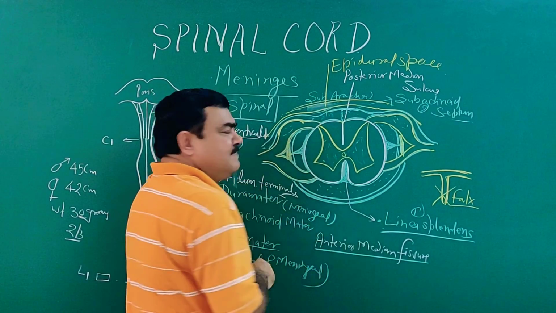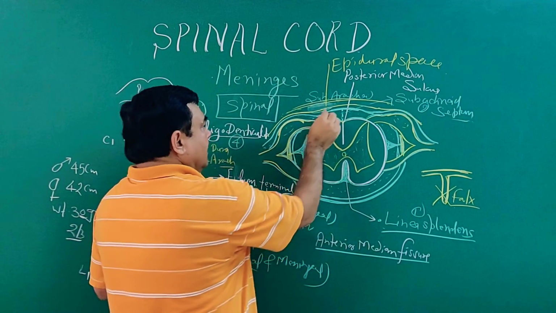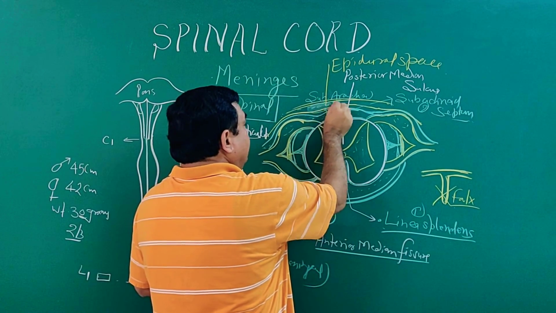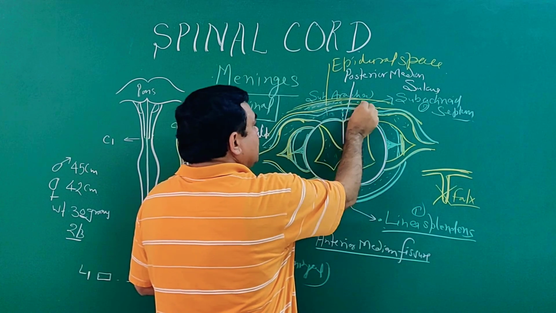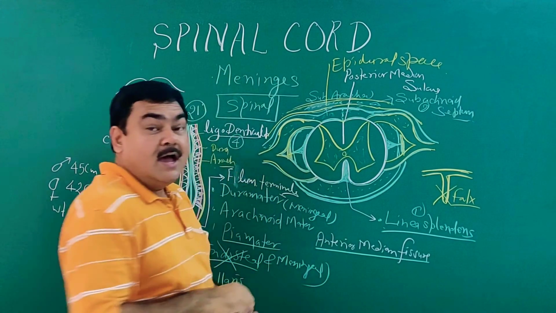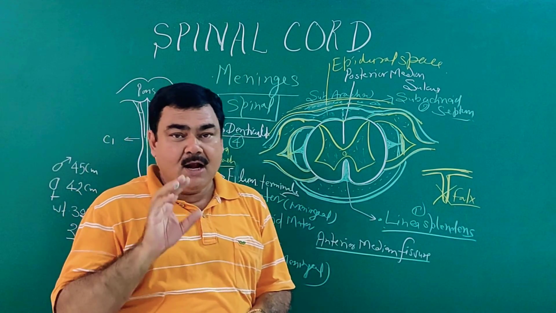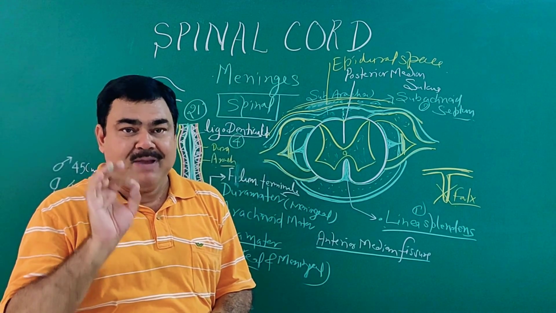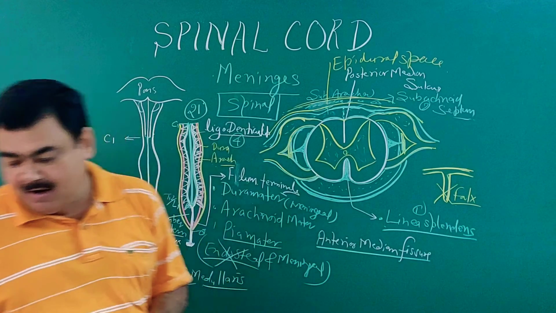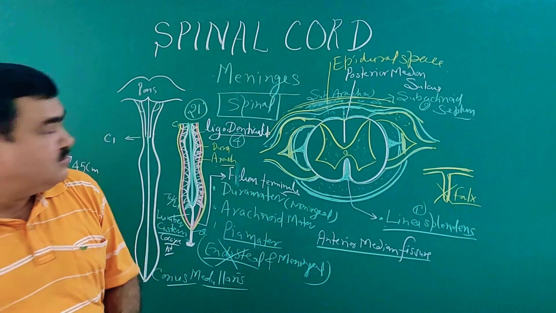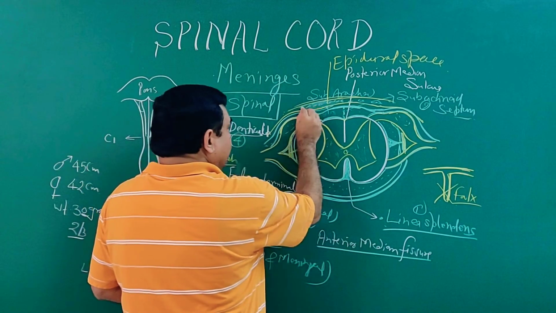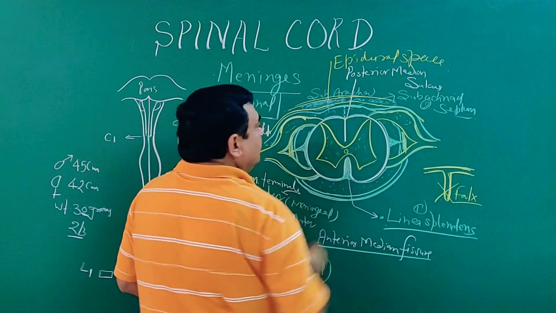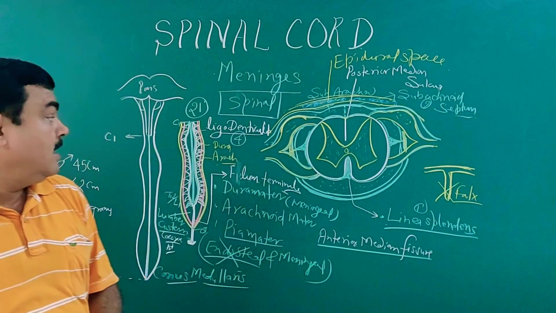Here in the epidural space, some fat, loose connective tissue and the internal vertebral venous plexus are present.